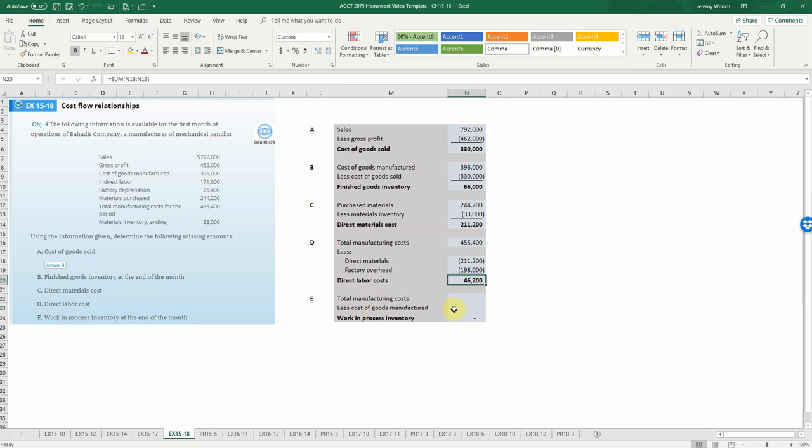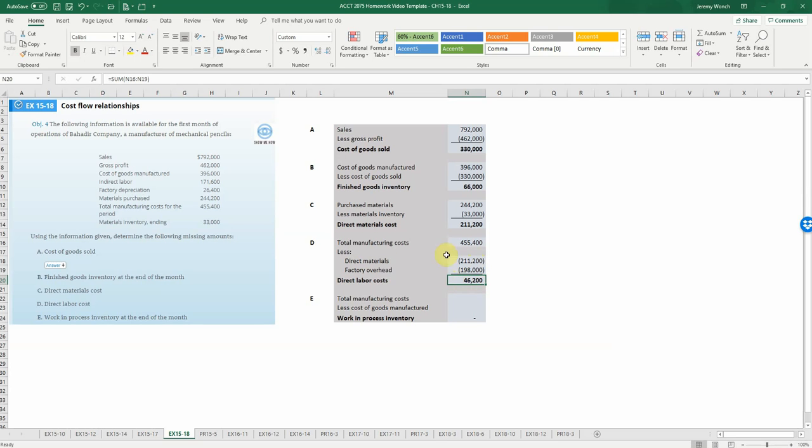All right, then our last one in part E, we have work in process. It wants us to find the work in process inventory at the end of the period. What makes up work in process is what we transferred in from our materials, which is our direct material cost right here, what we incurred in factory overhead, and what we incurred in direct labor cost.